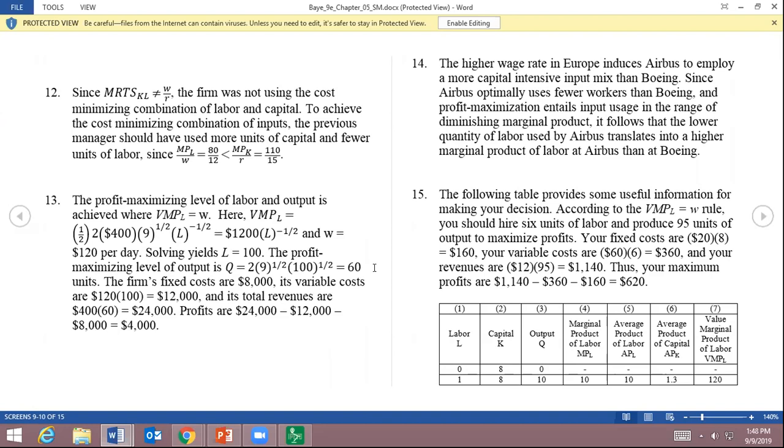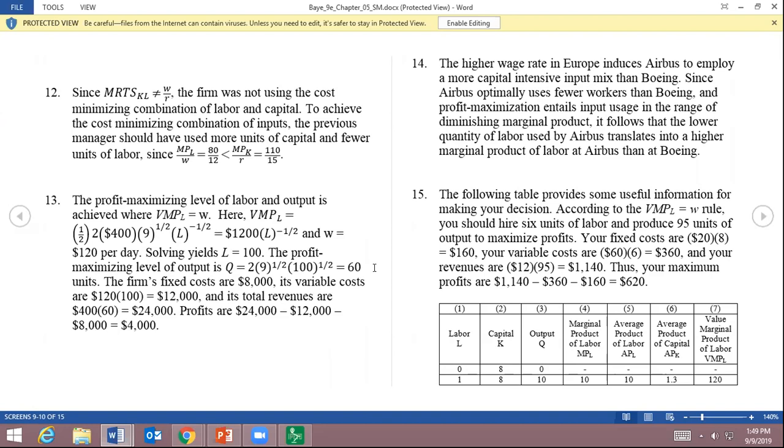Times 60. Oh, wait. Sorry, we get $400 per chair, not 120. 120 is the wage. 400 is the price.